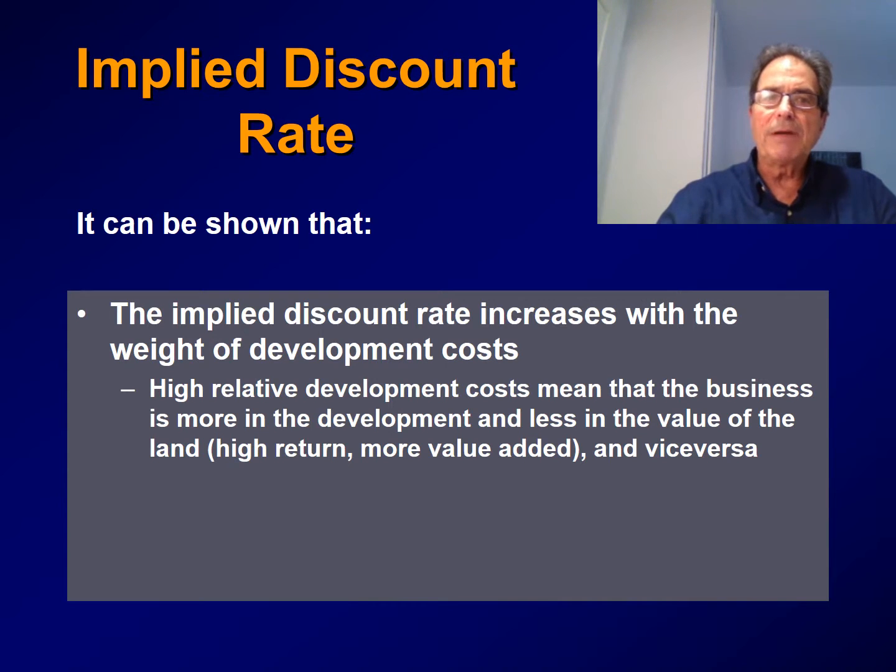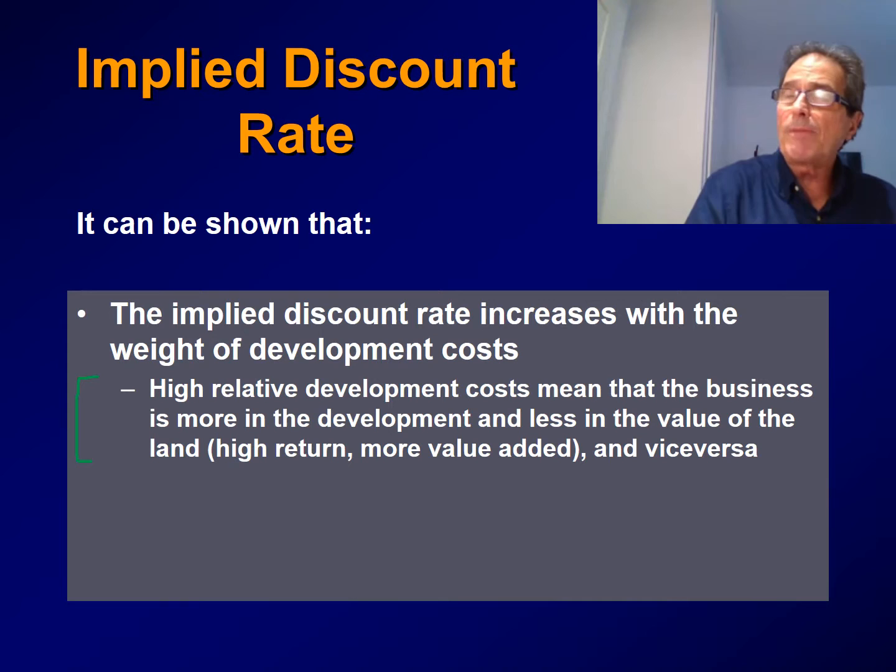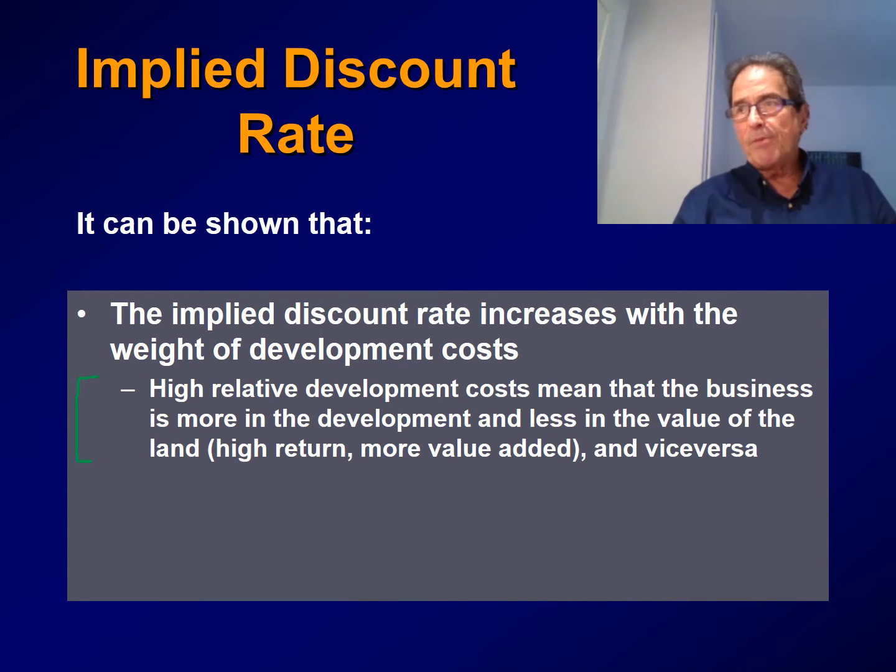High relative development costs mean that the business is more in development than in the property itself, than in the land. So the less important the land and the more important development costs are, the more value is added by the developer and the higher the return must be, and vice versa.